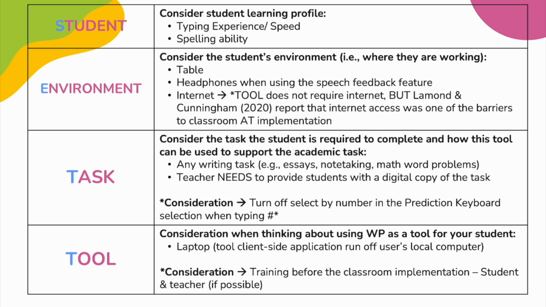A big consideration when we're thinking about tasks, say if an individual is doing a math task or writing numbers, they're going to want to turn off Select by Number in the prediction keys section when typing numbers, as if they don't, when they go to type the numbers, the word is actually going to be typed instead of the number that they've selected on their keypad.